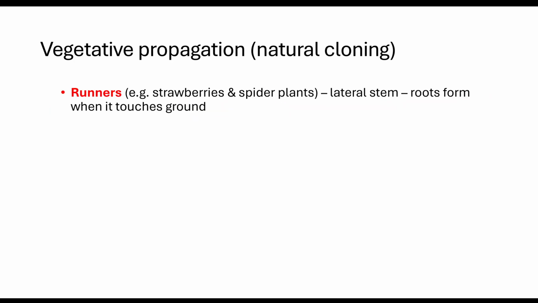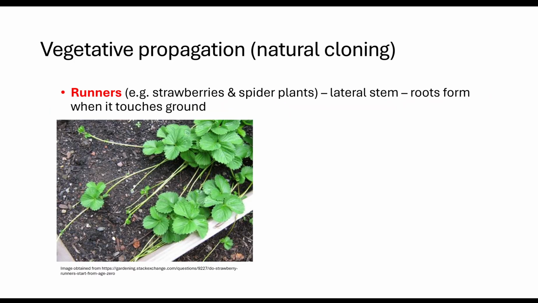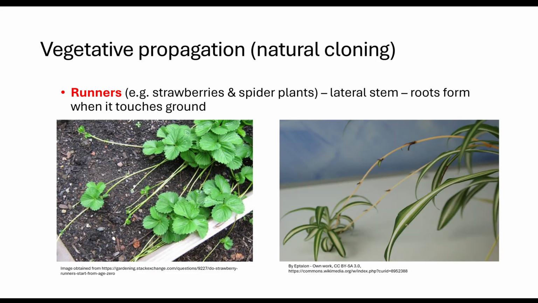We can also look at the likes of what's known as runners. Now these are lateral stems. These are going to grow from the parent plant, and the minute that the stem touches the ground, that will then develop some roots, and the roots will start to grow, and that will then cut off the runner, and that will ensure that it becomes an individual plant on its own.